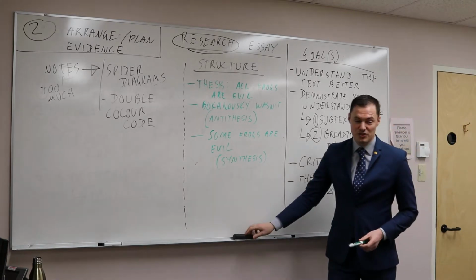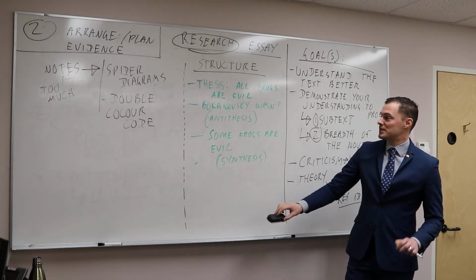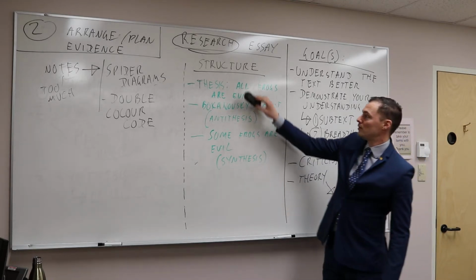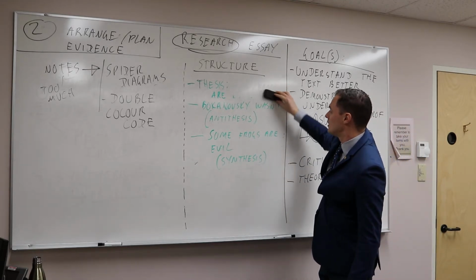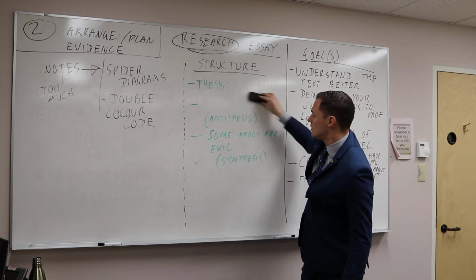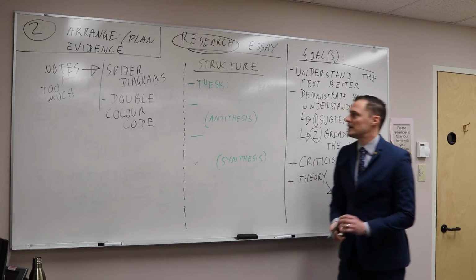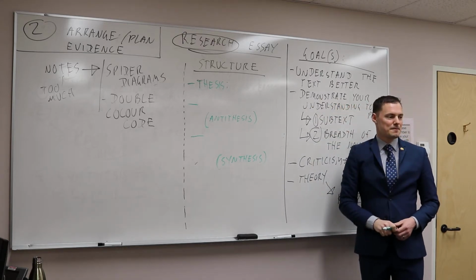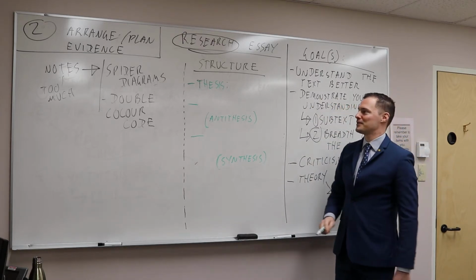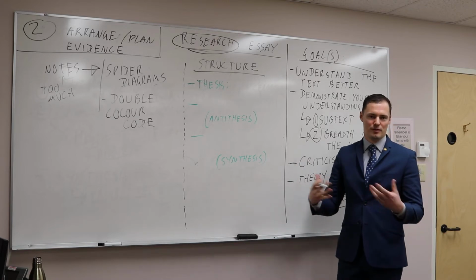So when it comes to a literature essay, you could think of the dialectical model, if it's a short essay, as paragraphs. So you've made your introduction, you've made your overall argument.